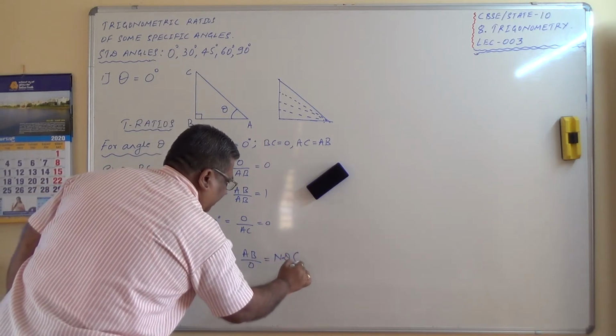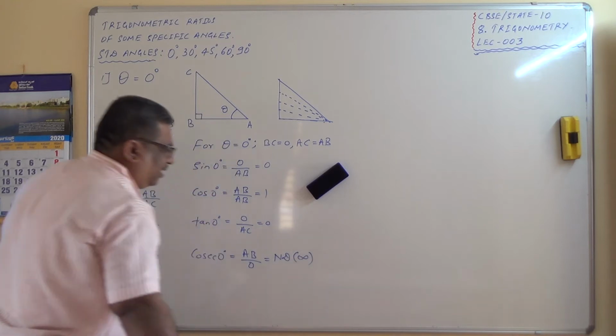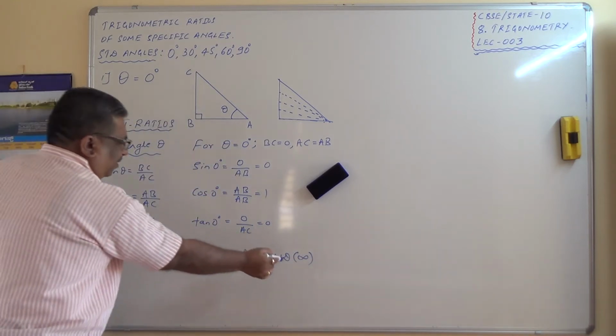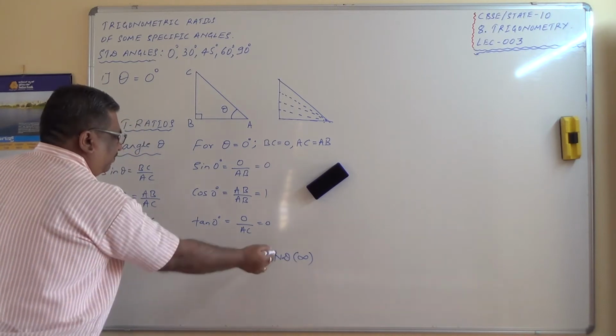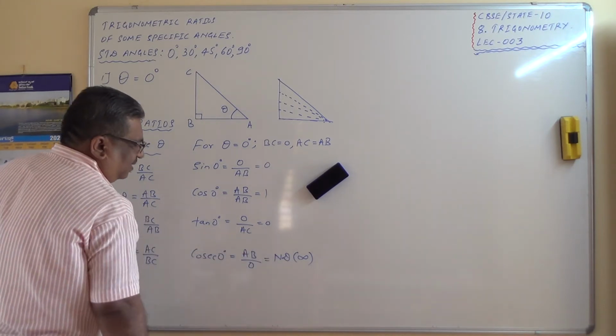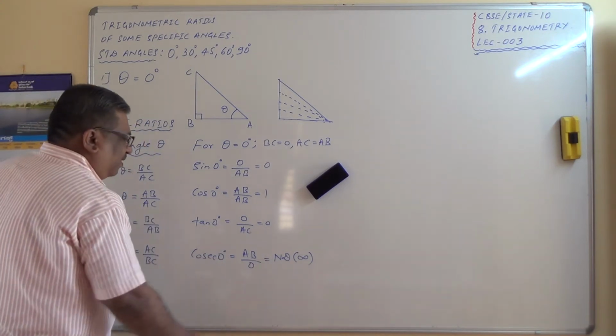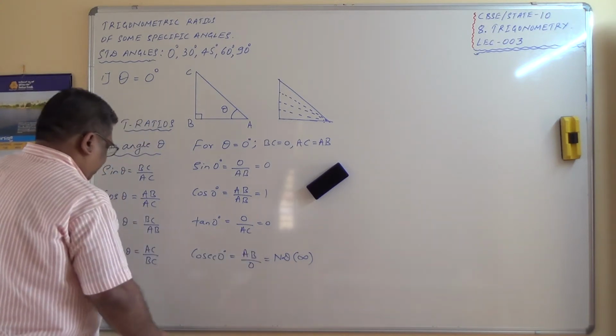Whenever not defined is there, I can put infinity also. Remember that. It is acceptable to put not defined or infinity. Both imply the same meaning, but not defined is the more appropriate word that I use here.